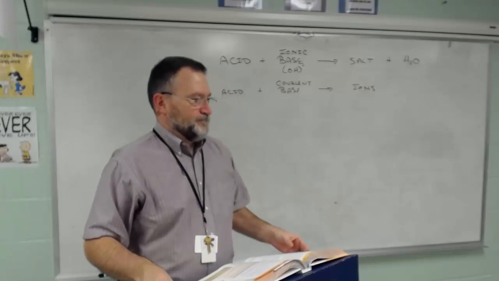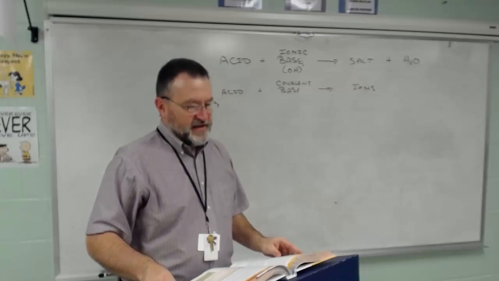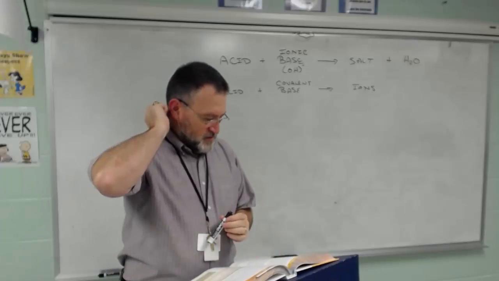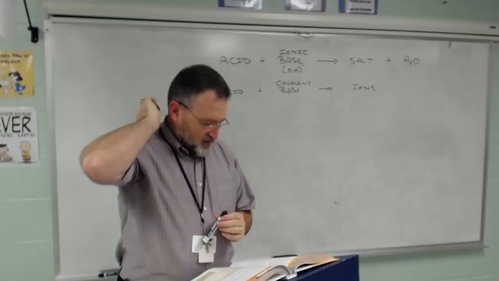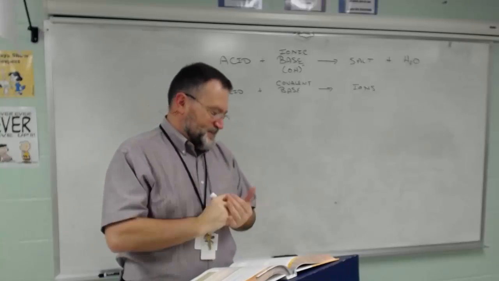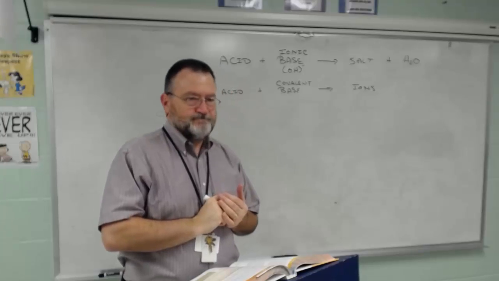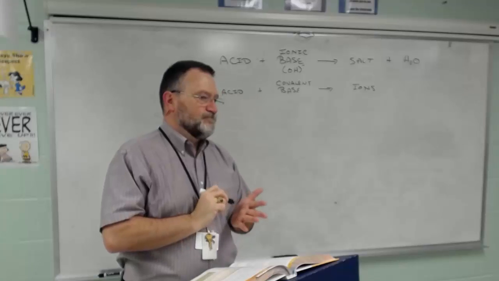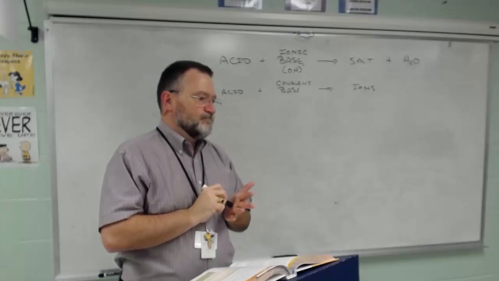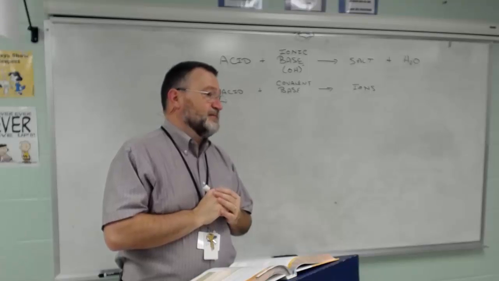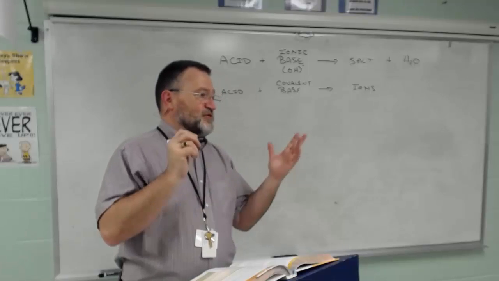Okay? So, I'm going to go ahead and take out a blank piece. I'm going to ask a class representative to help us determine the quiz. Savannah? 1, 2, or 3? Just pick 1, 2, or 3.